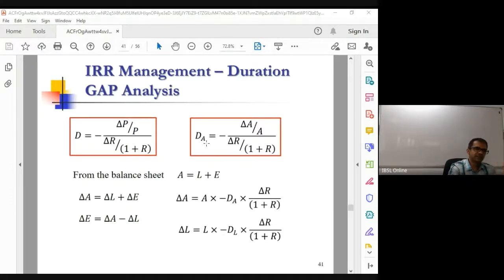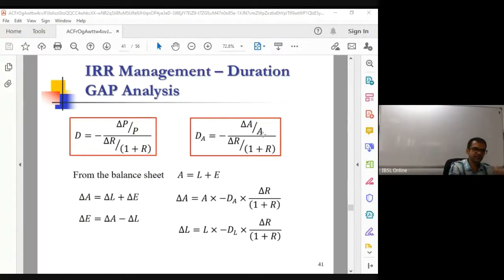But we can apply that general definition for all assets in our book. So D_A reflects the duration of assets. Likewise, we can calculate duration of liabilities. Even liabilities are interest rate sensitive.